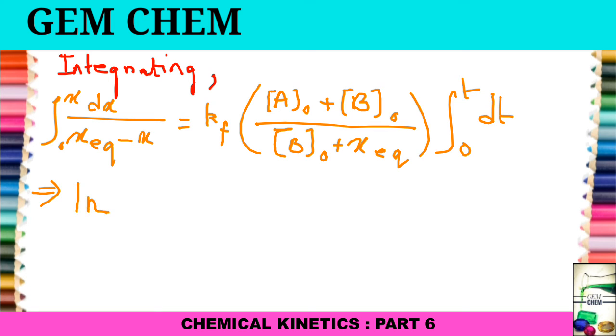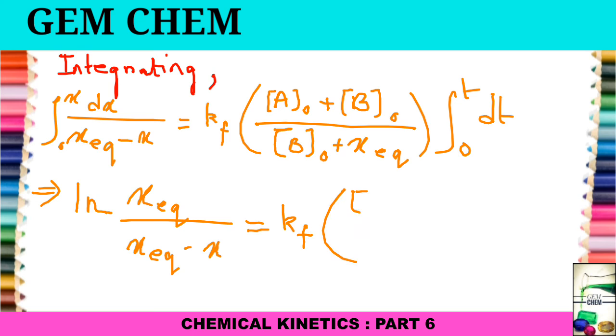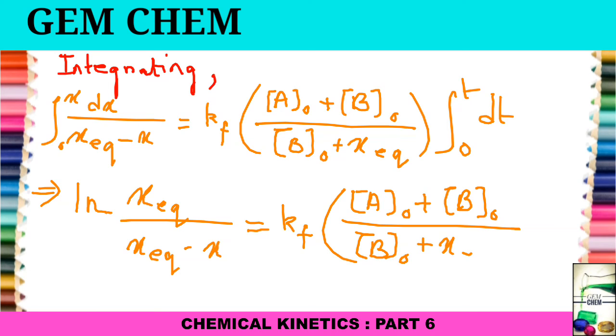The equation which comes is like this: ln x equilibrium by (x equilibrium minus x) equals Kf (A naught plus B naught) divided by (B naught plus x equilibrium) t, right? And this is our equation 2.